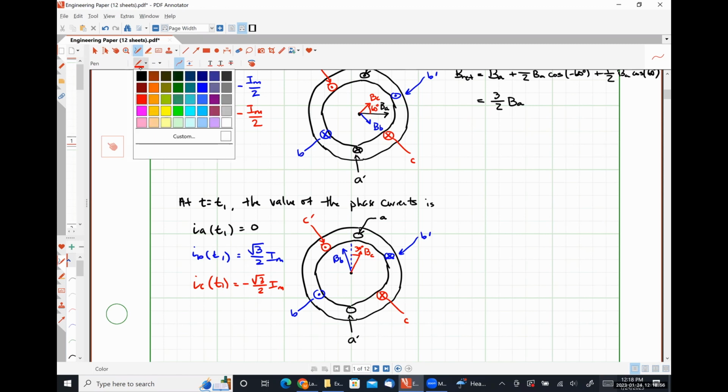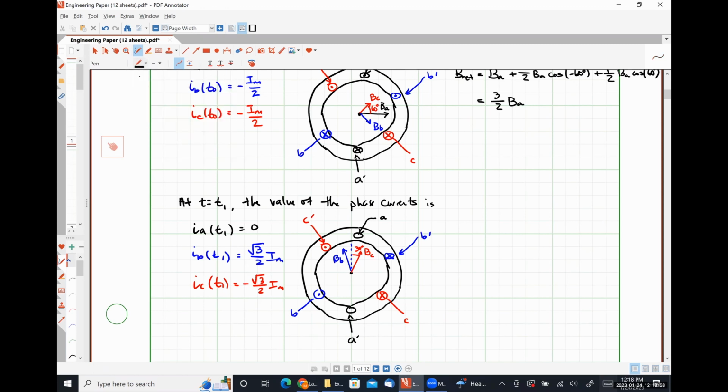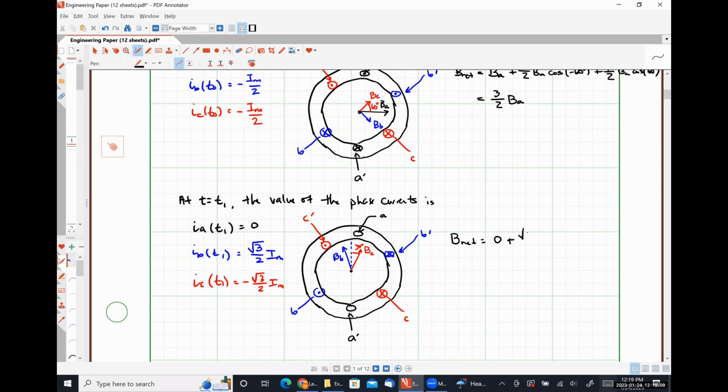So what we're going to wind up getting is a net field that is 0, so that's the contribution from the A coil, plus root 3 over 2 BM, let's call this BM for the maximum field strength, which would occur when our current is IM, times the cosine of 30 degrees.